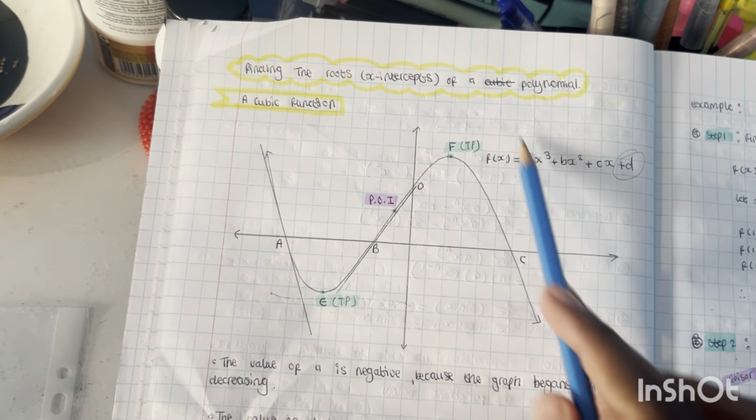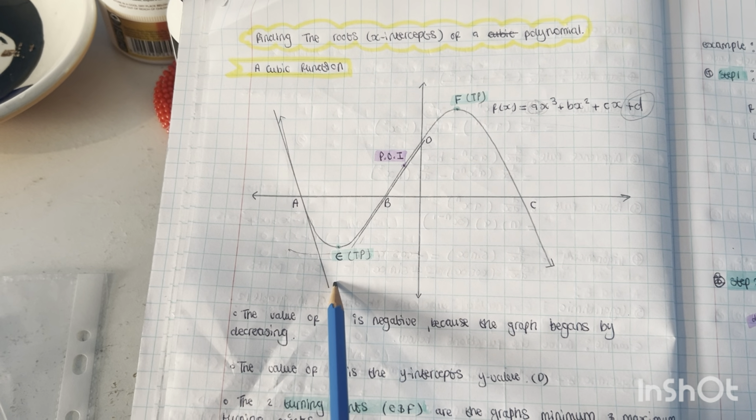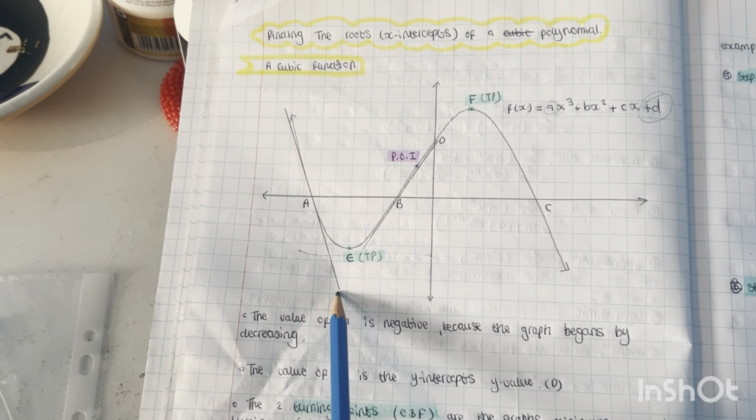Now, something that I think is very important for us to know is that the gradient of a graph is negative where the graph is decreasing. Because the gradient, in layman's terms, is saying as x increases, y does this. So if as x increases, y increases, well, that's good. That would mean a positive gradient.